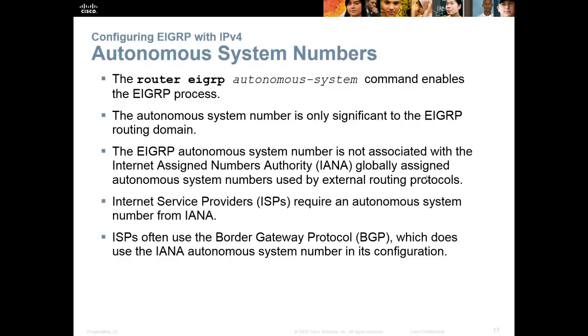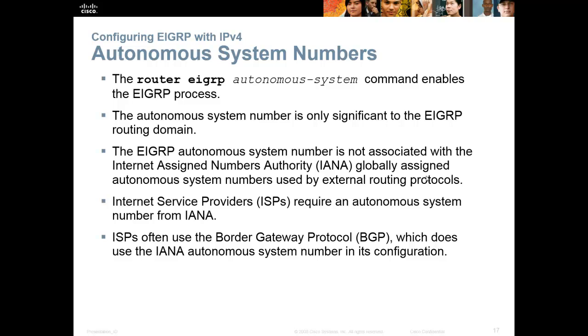Remember, this number is important in EIGRP. In order for us to form a neighbor relationship, our autonomous system numbers have to be the same. In OSPF they call that the process ID; in some books, depending on where you read, it'll be called the process ID / autonomous system number.